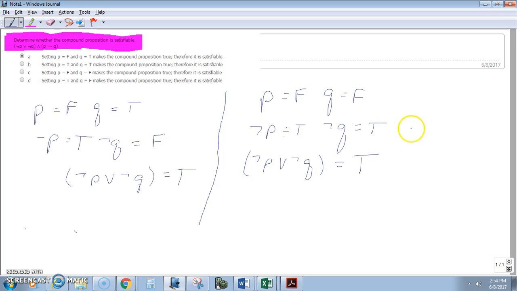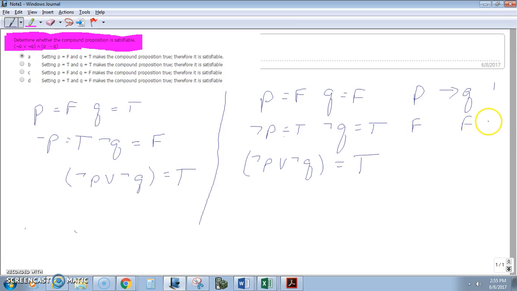And then if I look at P goes to Q, and P is false and Q is false, I still get true, right? The only time that P goes to Q is false, and tell me if I'm wrong here, is if P is true and Q is false, right?